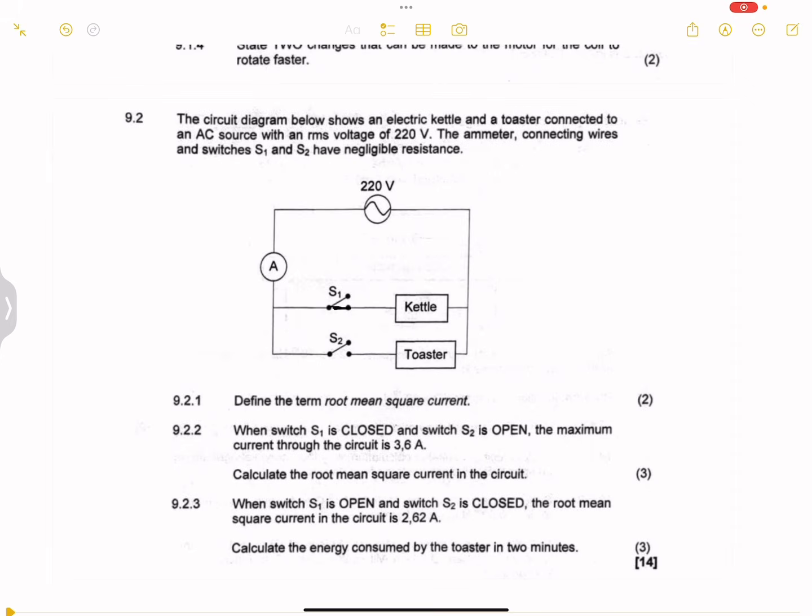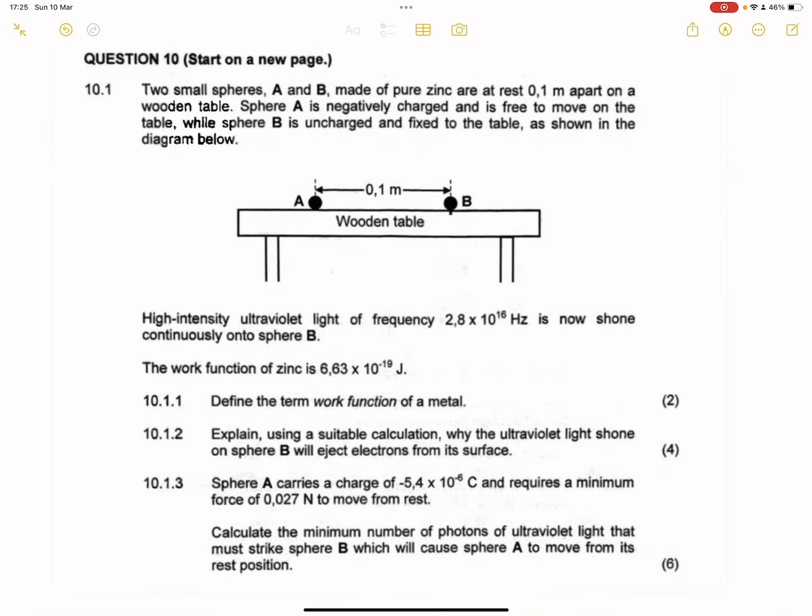Right, let's go on to the very last question. All right, and we finally look at question 10. Right, so they give us two small spheres, A and B, that are made of pure zinc, that are at rest 0.1 meters apart on a wooden table. They say sphere A is negatively charged and is free to move on the table, while sphere B is uncharged and fixed on the table, as shown in the diagram.